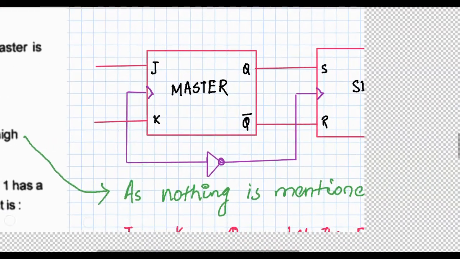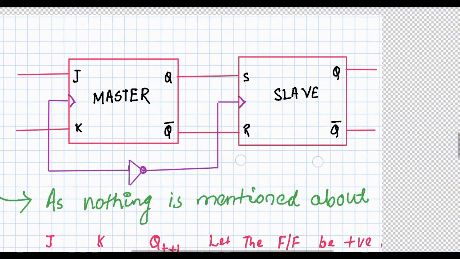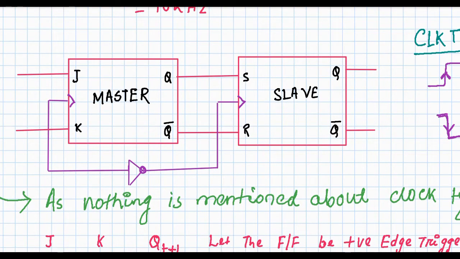So what is the master slave flip flop? This is the master slave flip flop. In this we have to consider this NOT gate. Here, if the master is enabled by signal 1 or a high signal, then the slave will be enabled by signal 0 or a low signal.